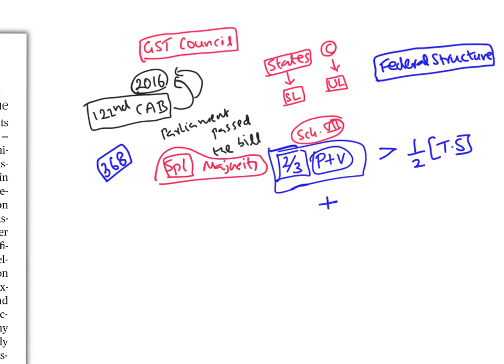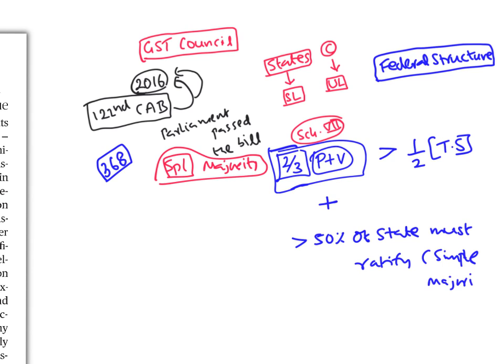More than 50% of the states must ratify with simple majority. So it is not going to be enough if it is passed in the Parliament. We need ratification by at least 50% of the state legislatures with simple majority.